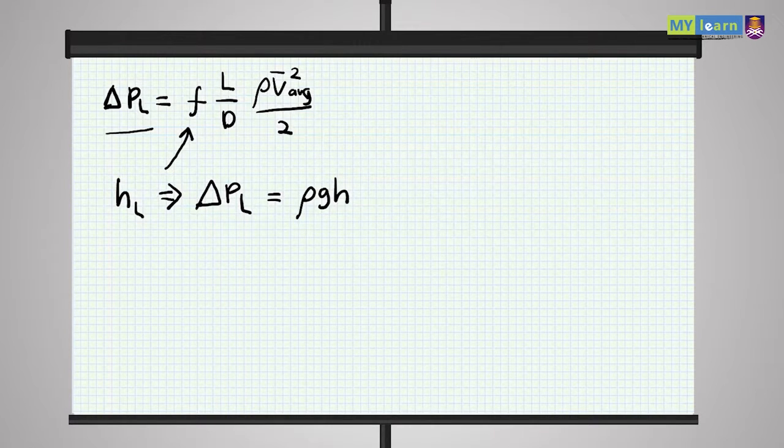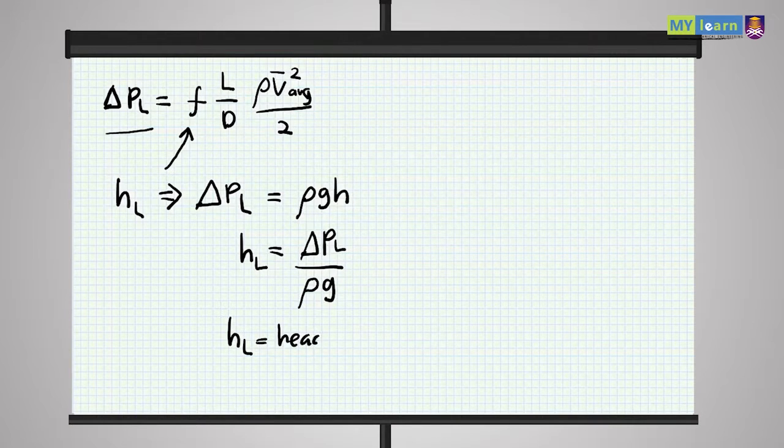Since if you have water flowing from the top to the bottom, we are only going to use h at the end. So we just divide delta P_L by rho g, which is the density and gravitational acceleration. So you will get this as your head loss: H_L, or head loss, is equal to delta P_L over rho g.